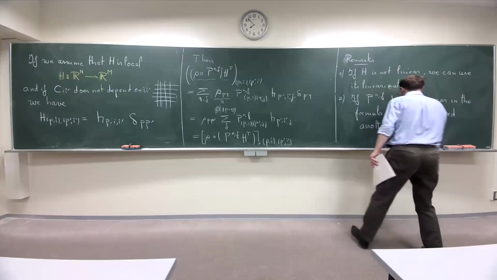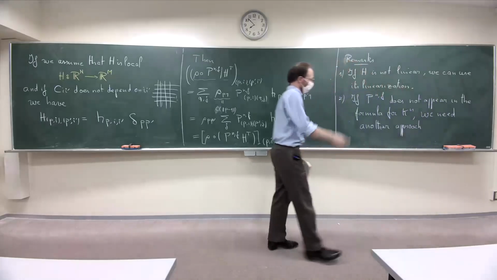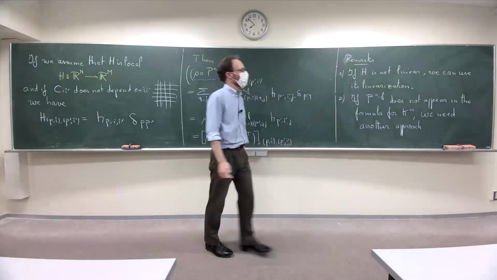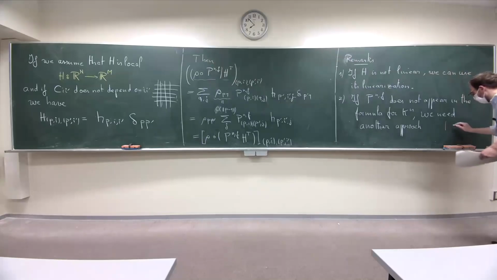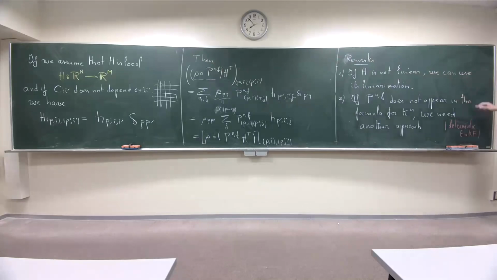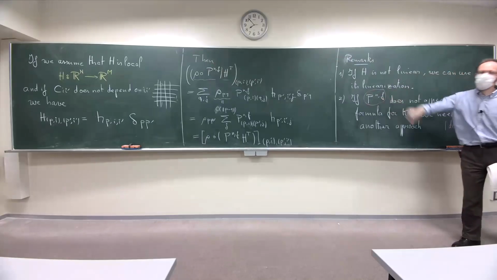For example, if you look at what we have done at the beginning for what I called the deterministic ENKF, this does not appear.